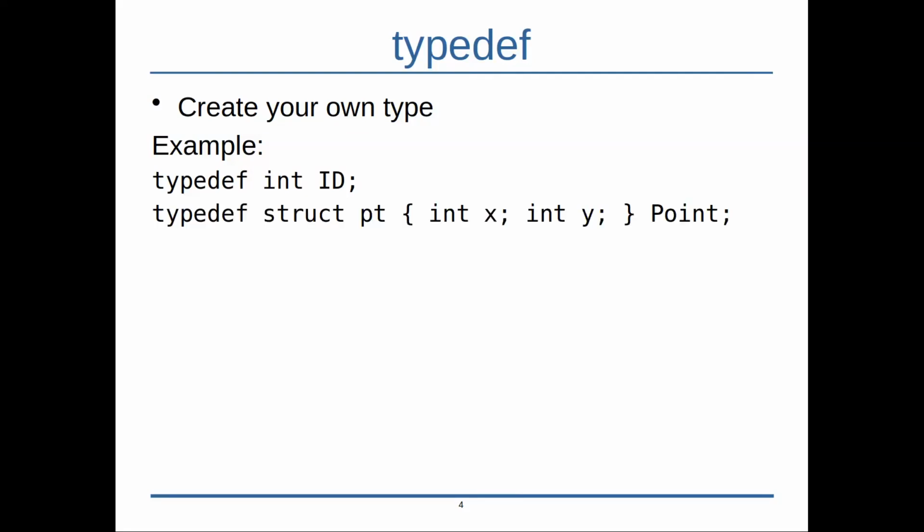Also, you can define a typedef for a structure. So let's say we have struct pt, like point, with two elements, int x and int y, and we can define a type point. So why is it useful? Well, sometimes you don't want to use struct pt, you want to just use point directly.